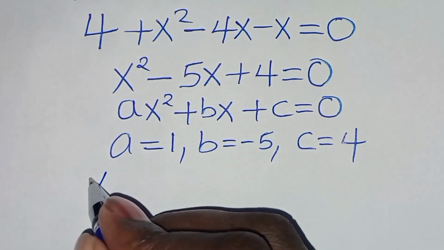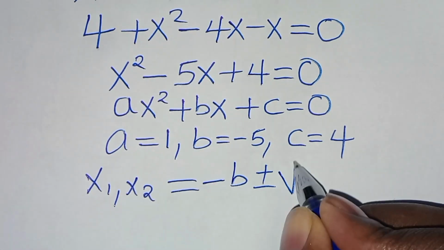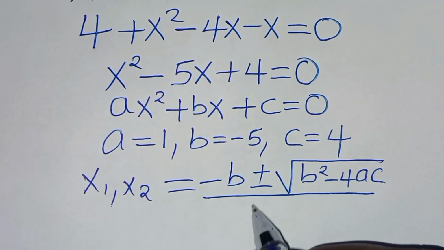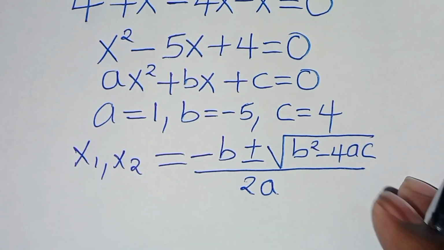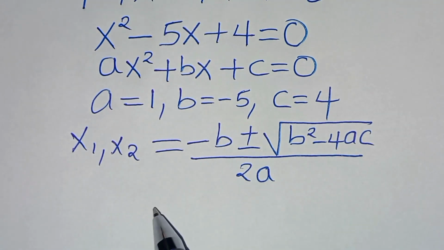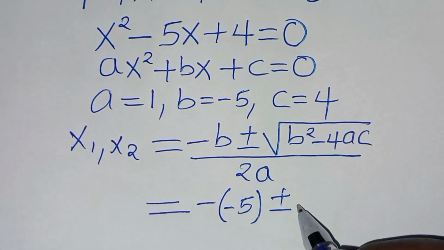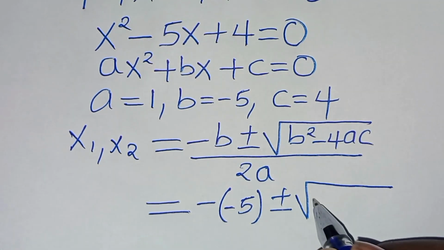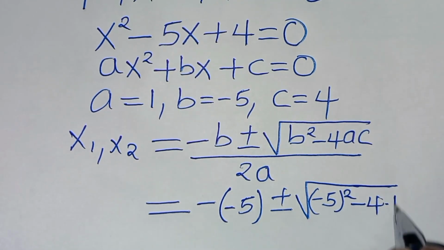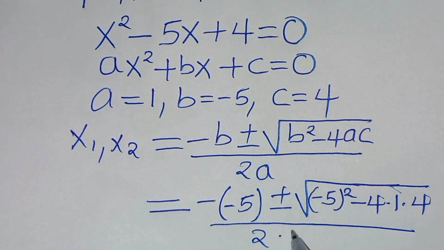Now let's solve for x1 and x2 by applying the quadratic formula: minus b plus or minus the square root of b squared minus 4ac, over 2a. Substituting the values of a, b, and c, we have minus minus 5 plus or minus the square root of minus 5 squared, subtract 4 times 1 times 4, divided by 2 times 1.